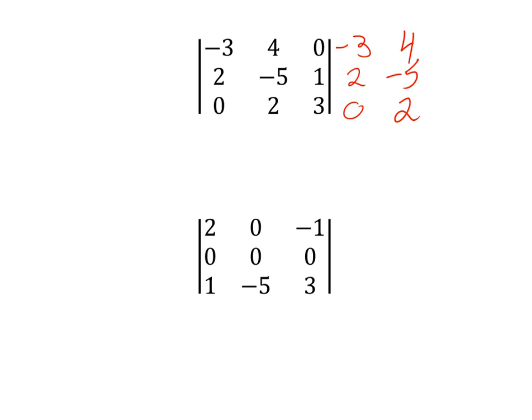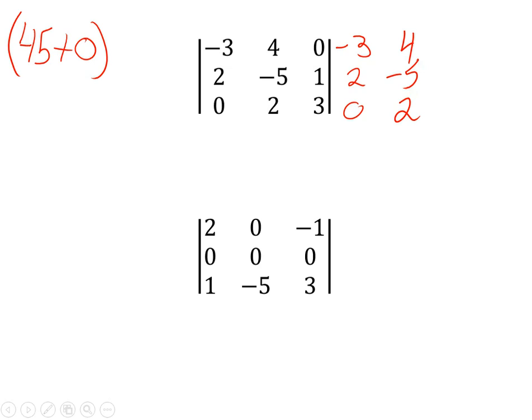The first down would be -3, -5, and 3, which would be a positive 45. Then we add that to the next one down, which would be 0, and the third one down, which is also 0, because it's 4, 1, 0, 0, 1, 2. So it's basically just 45.